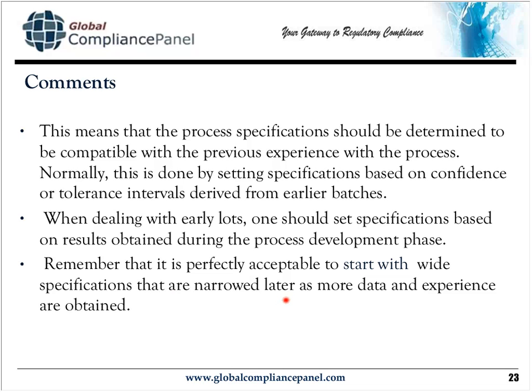And let me warn you, I have seen several companies where FDA has come and made the statement, look, we know that your process operates at this point with a plus or minus 8%, and yet you have your specs set at plus or minus 50%. This is not acceptable. We expect you to tighten your specifications.